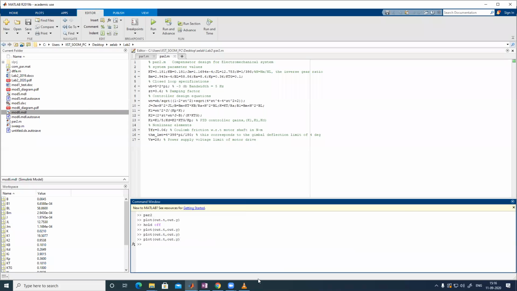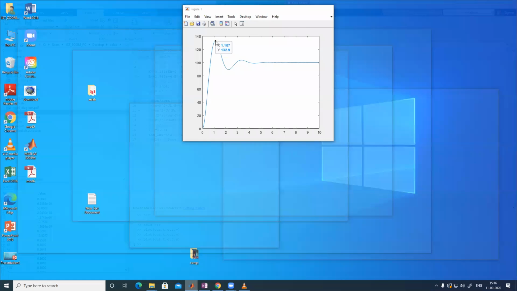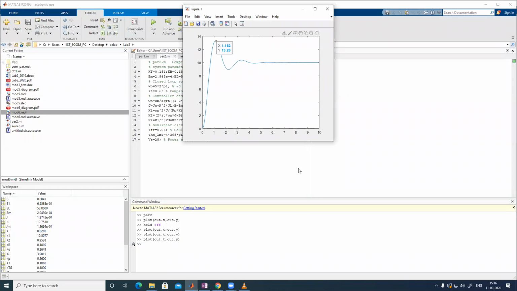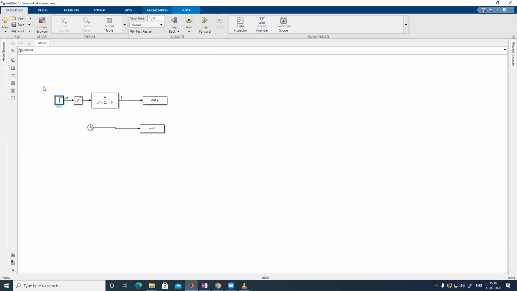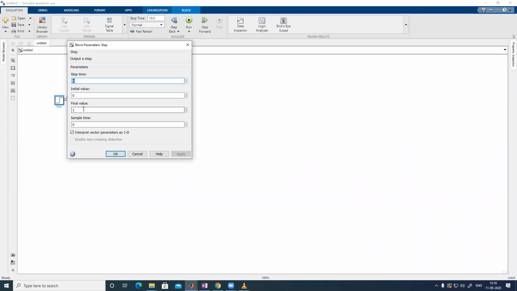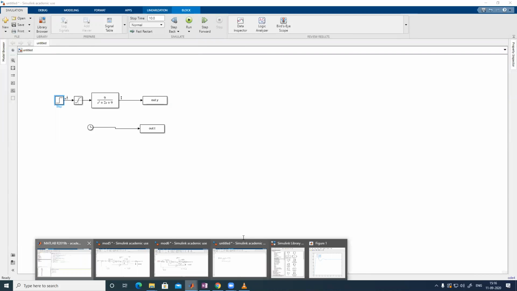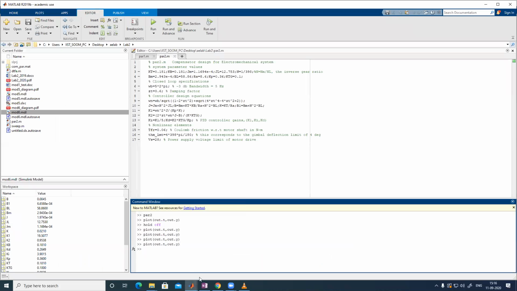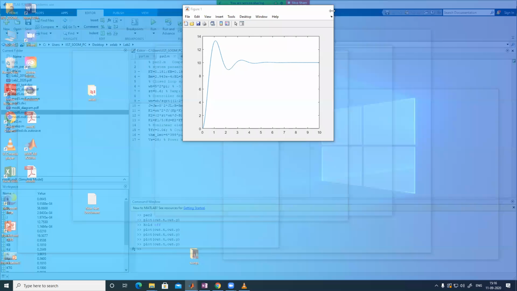If I change the value to 11 or 100 or something like that, up to 10 only it will be linear. After that it gets saturated. If I plot that, I will get some other response.